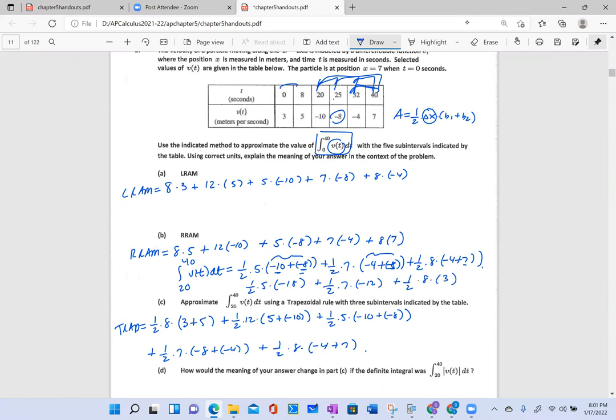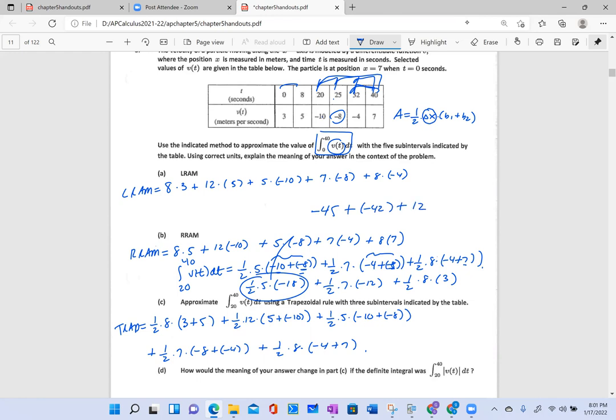You can clean that up from there by the order of operations. Half of negative 18 is negative 9 times 5 is negative 45. Half of negative 12 is negative 6, times 7 is negative 42. And then of course, 12.